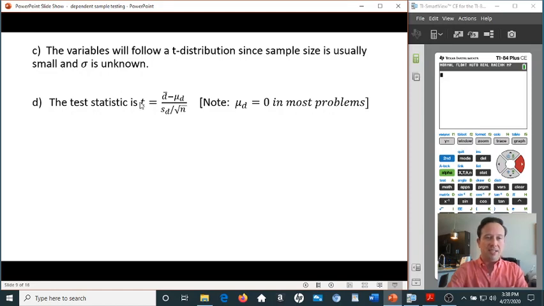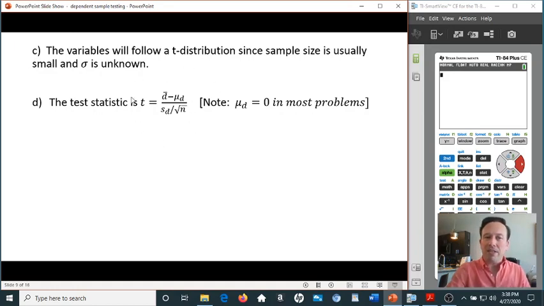When you use a test statistic, is this formula here, d bar minus mu d over sd over the square root of n. And then note, you might have noticed that in the hypotheses that mu d is typically 0, but not always. But the problems that we do will have 0 for mu d. So really, the formula will simplify to just d bar on top minus 0, or just d bar, over standard deviation divided by the square root of n.